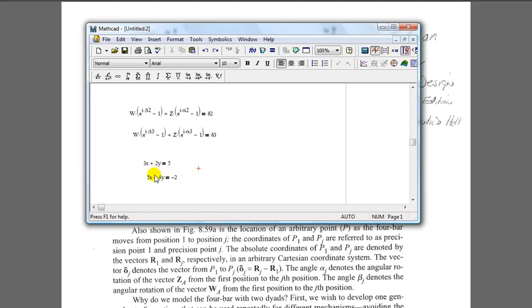Now, let me remind you of a matrix way of expressing these two equations, because these equations, in fact, would be a matrix.